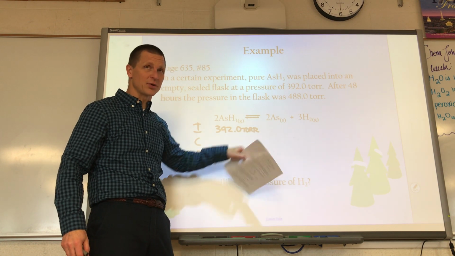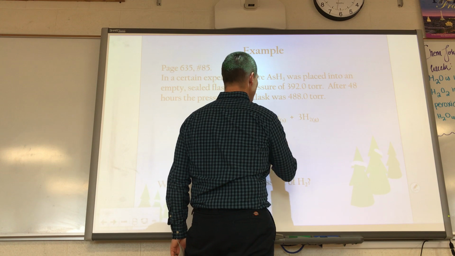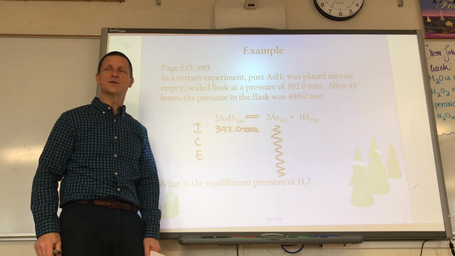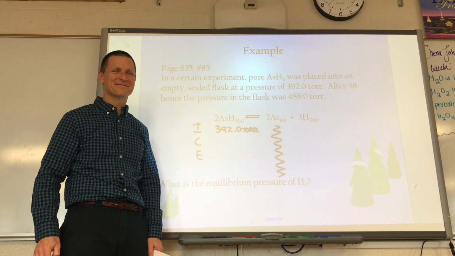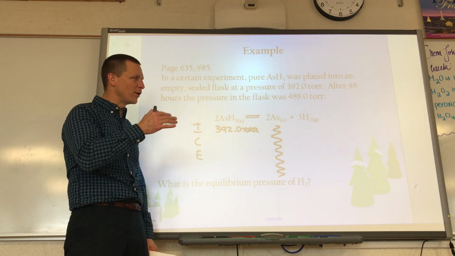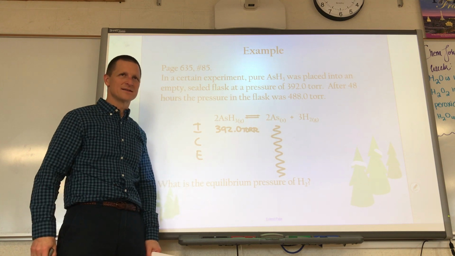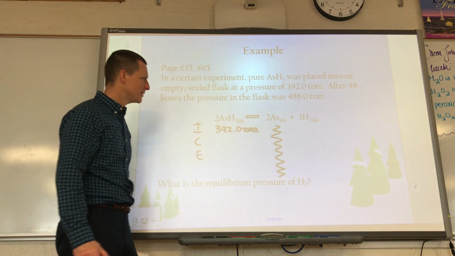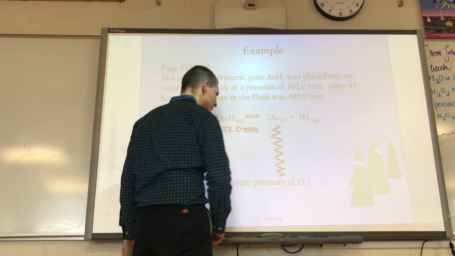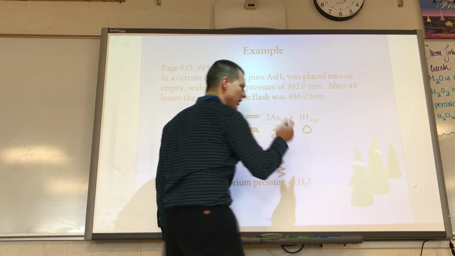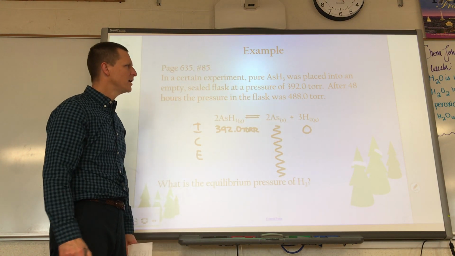Solids do not exert pressure. So any solids or liquids, just leave them out. K values are only for aqueous things and gases. So at the beginning, the H2 is 0. We don't have any product to start with.